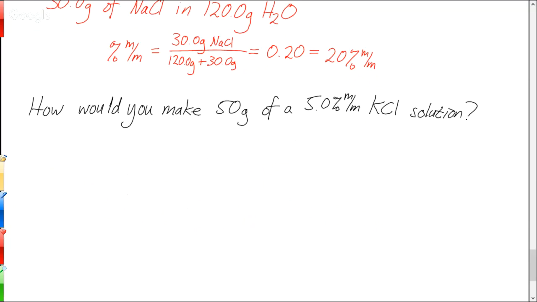Moving 50 grams of 5% of KCl. So are you having 50 grams or are you having 5? 50 grams. You're having 50 grams of something, and that something is 5% KCl. So how much KCl would you put in? How much water would you put in to make a 5% solution?